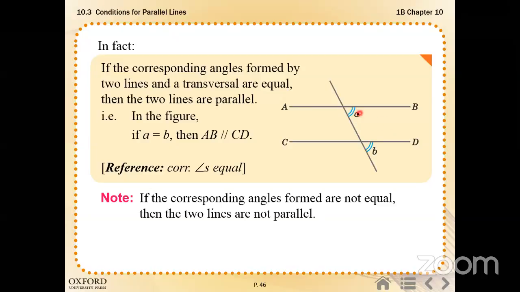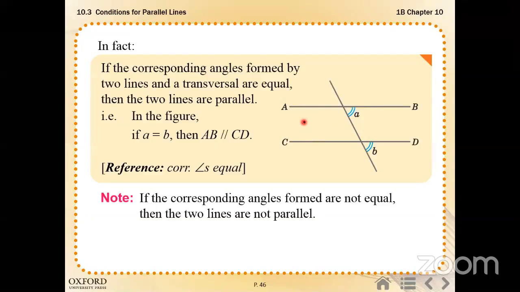And when we made the angles equal, the lines became parallel. In fact, if the corresponding angles formed by the two lines and the transversal are equal, then the two lines are parallel. Now, this time I will show you an example, then you can tell the difference.